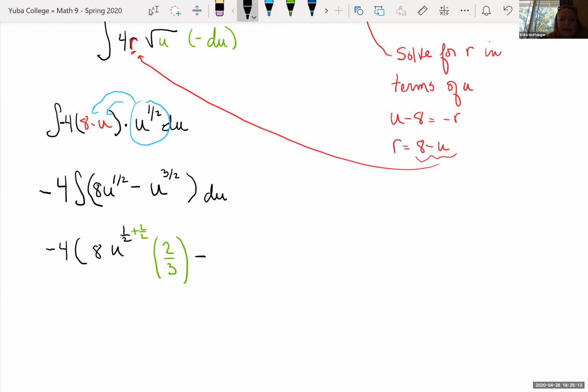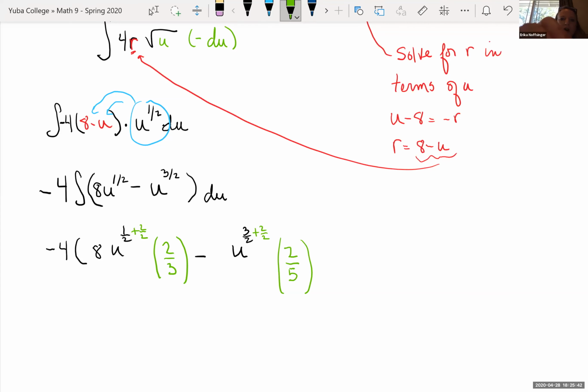Minus u to the, so I'm going to add 1 to my exponent of 3/2. So adding 1 would make it 5/2. So dividing by a fraction, I'm just going to rewrite it as multiplying by the reciprocal. So flip it up, this will be 2/5. And then we have some constant plus c.